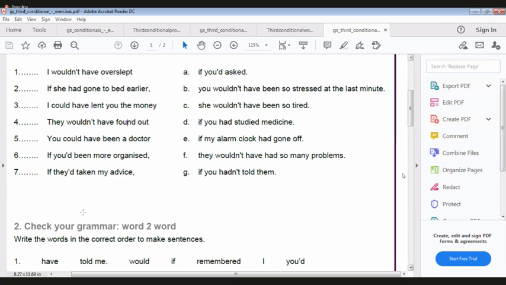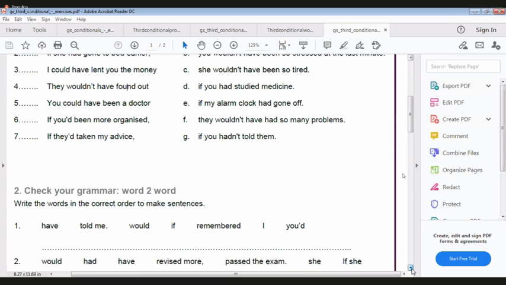Seventh one. If they had taken my advice, they wouldn't have had so many problems. So they didn't take my advice. That's the real situation, but they're talking about the other way around.